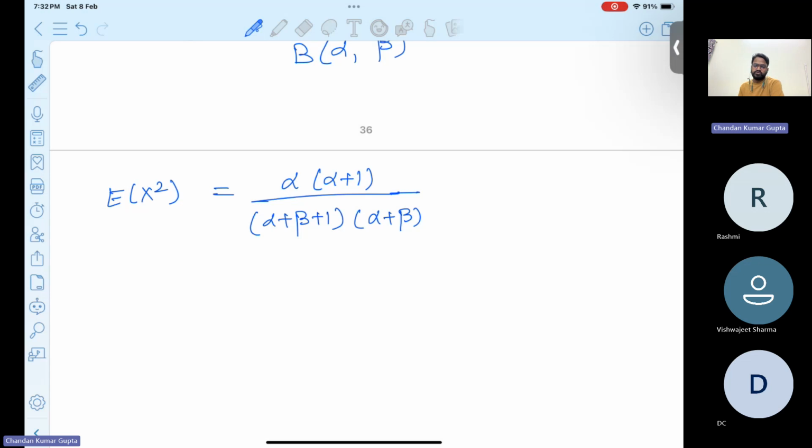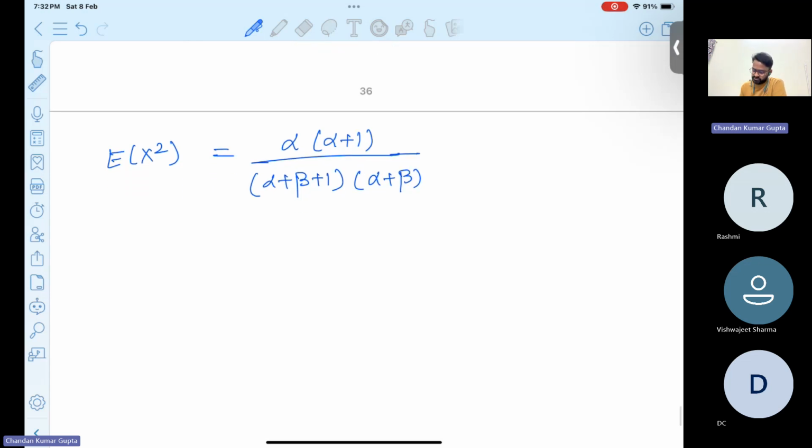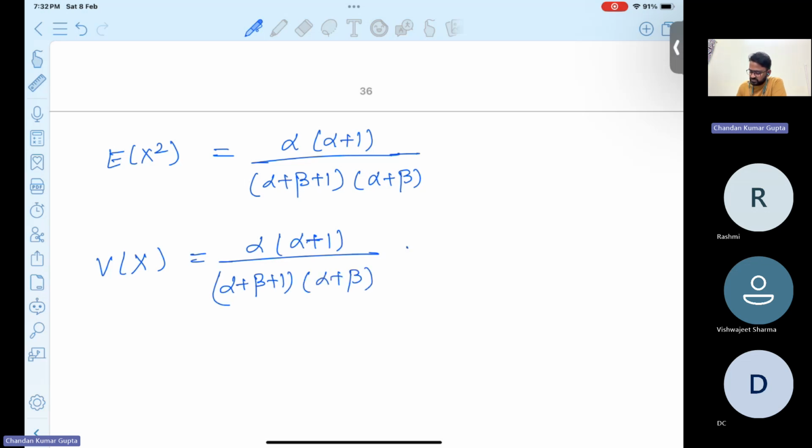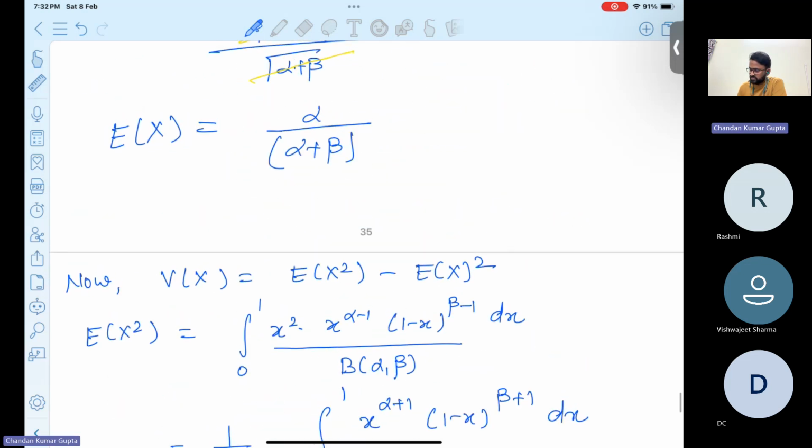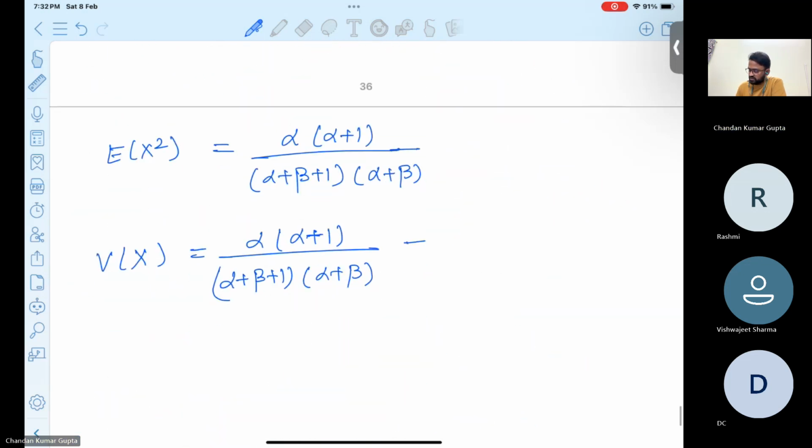Okay, this comes out to be the expectation of x square. Now variance of x will be alpha plus 1 divided by alpha plus beta plus 1 and alpha plus beta, minus our expected value squared, alpha square upon alpha plus beta square.